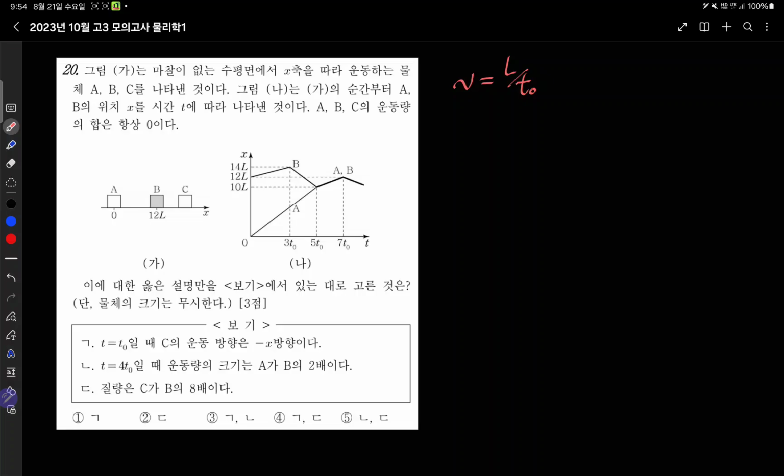Before the collision, the velocity of A is 10 times L divided by 5 times t0. So that's 2L, 2V.